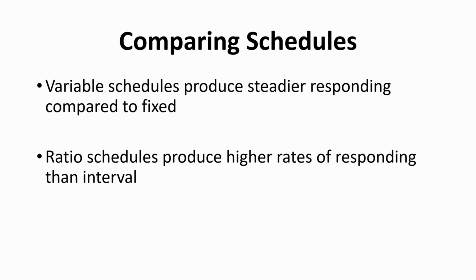Our fixed schedules, whether they are ratio or interval, tend to show those steps or scallops, whereas the variable schedules are much flatter, more consistent lines. And then from the experiment that we just looked at, ratio schedules produce higher rates of responding than interval schedules. So that's our comparison between those 4 different types.